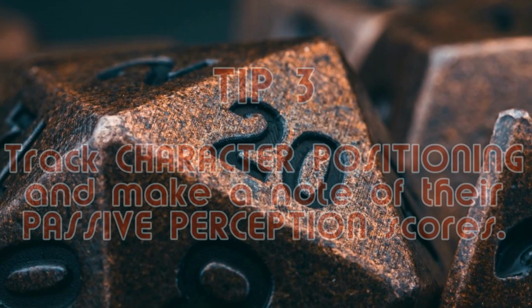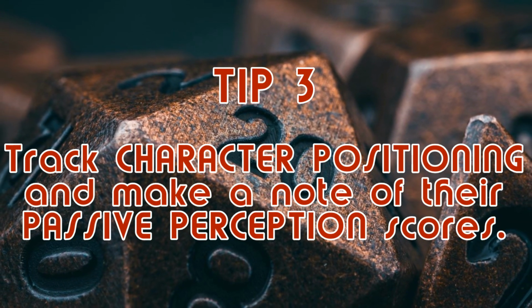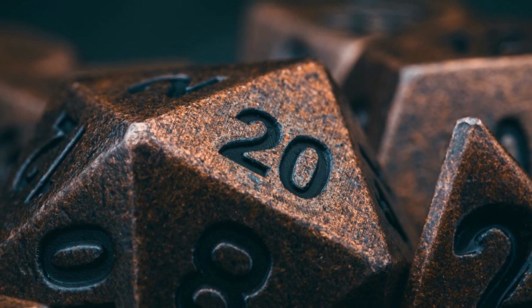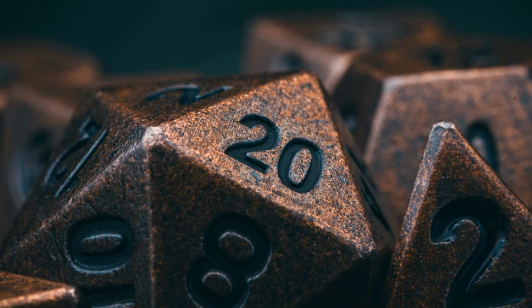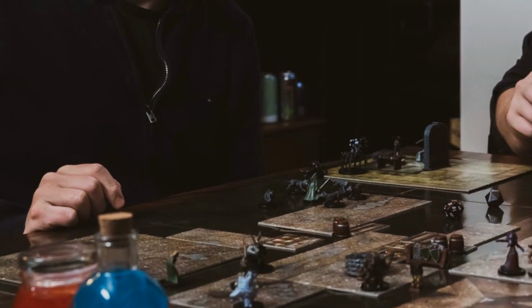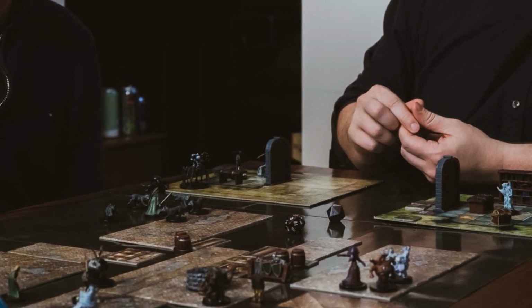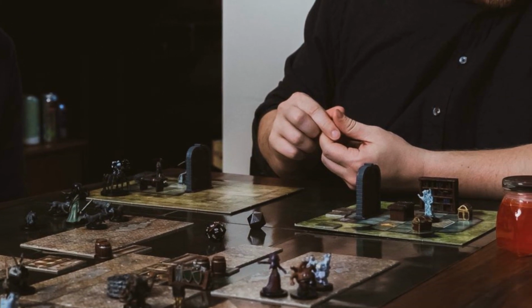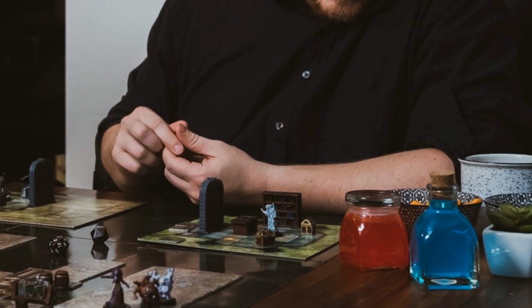Number 3. Track character positioning and make a note of their passive perception scores. This can be tricky outside of initiative order and without a map to place character tokens on, but it is very important when running traps. For example, if a tripwire is going to subject the first person that walks into it to some horrible effect, then everyone at the table needs to know who is in front and who is going to hit that tripwire first.